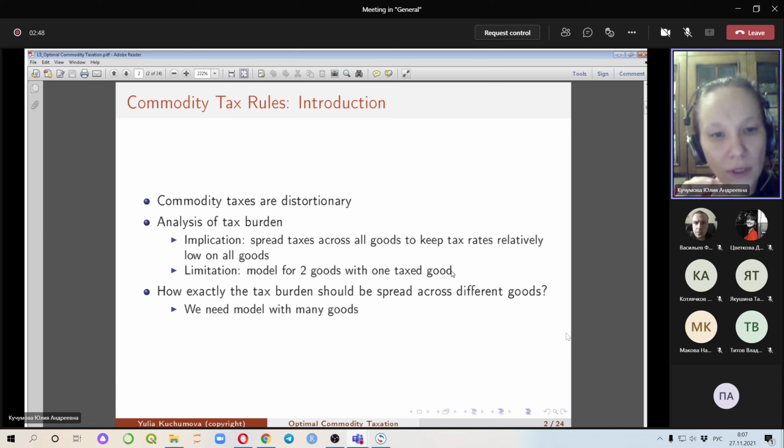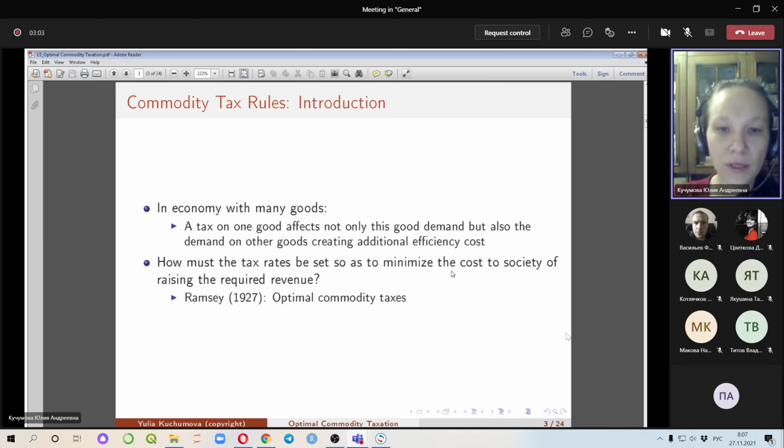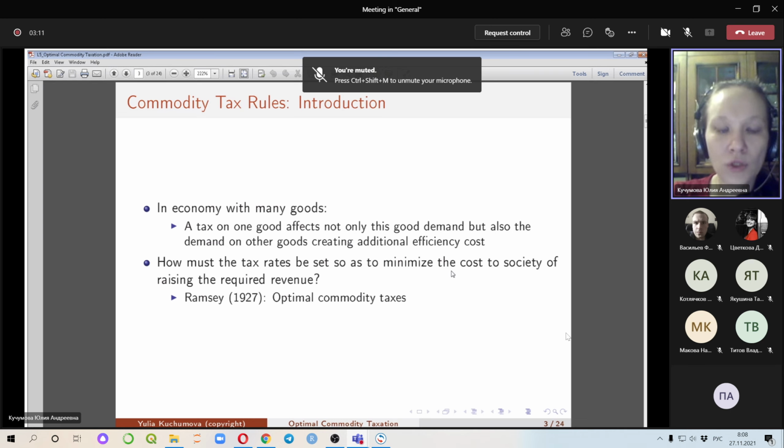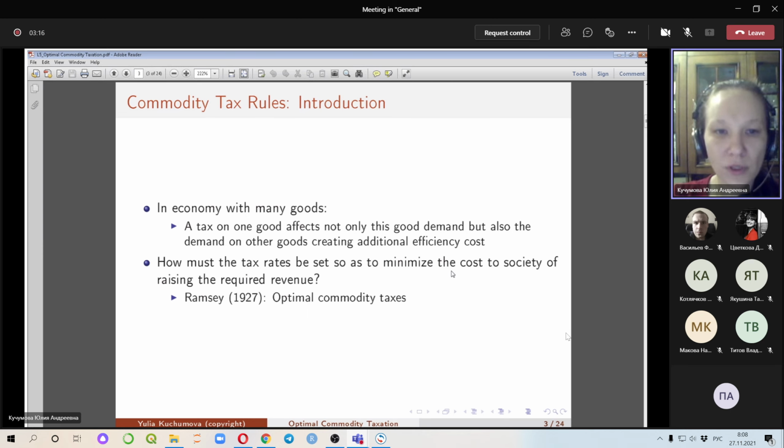Therefore, today we are going to discuss how exactly the tax burden should be spread across different goods. And for that, we certainly need a model with many goods. So what would be the difference between the economy with just two goods and the economy with many goods?